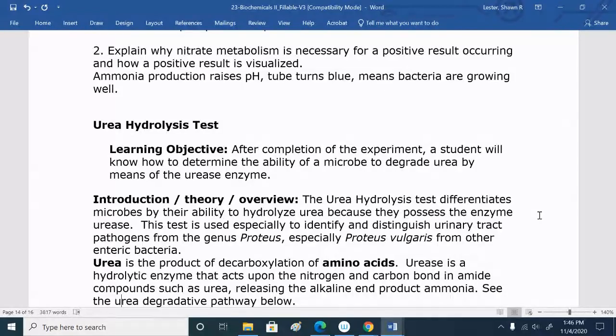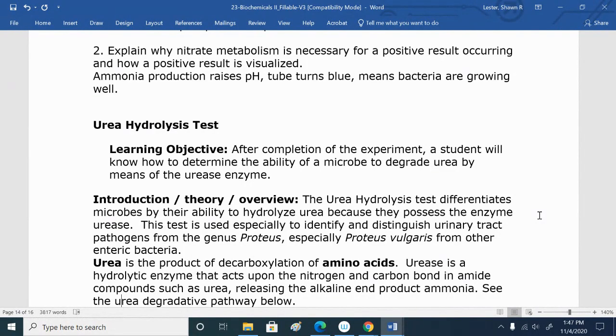What color does phenol red turn with different pHs? Pink, orange, yellow. Right, so what does yellow mean? It's basic. Yellow? Oh no, yellow means it's acidic. Right, as we saw with carbohydrate fermentation and the MSA plate, right?